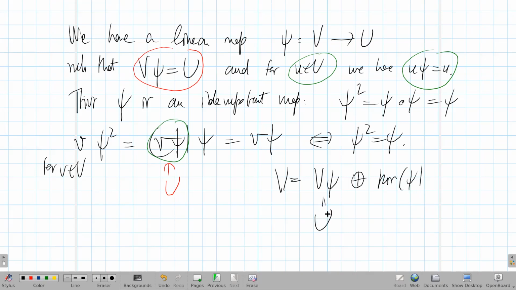This we know to be U, and we'll prove that the kernel is Rho G invariant. And so we will find our result that we have split V as a direct sum of U and a vector space which is Rho G invariant. And this will be the content of Maschke's theorem.